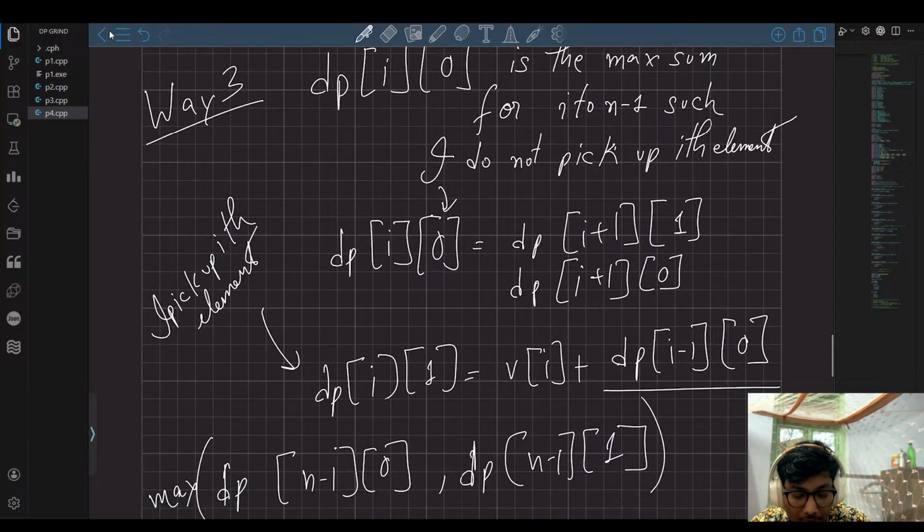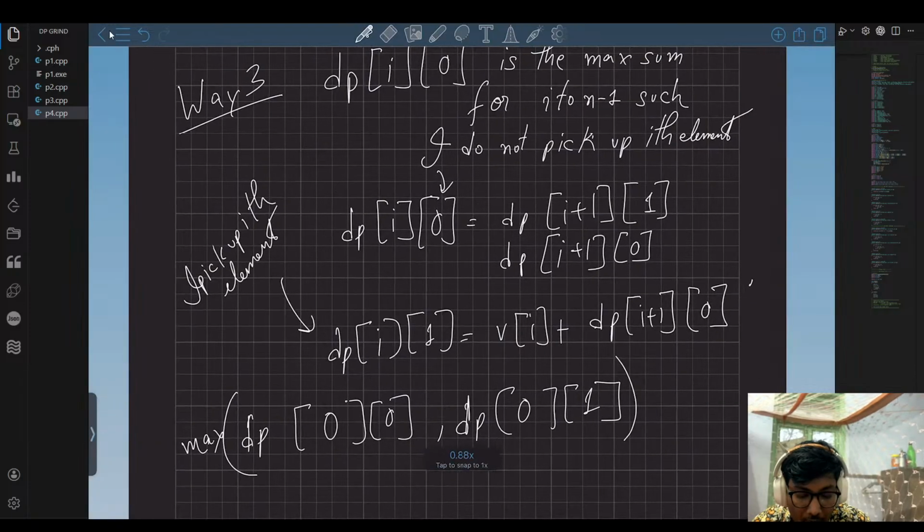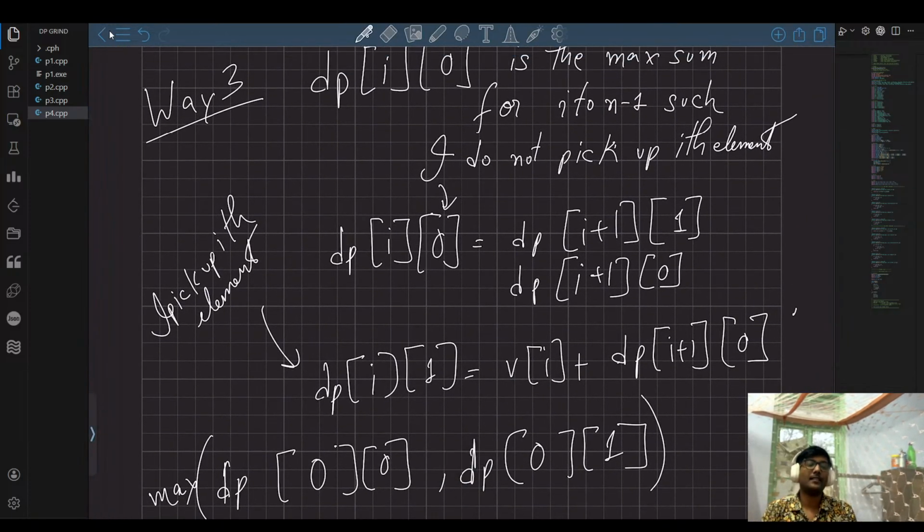And for picked up, I plus 1 will not have choice. And in the end, I will say that dp of 0, 0, that's my final 0th element, I can decide to pick or not. It's I to n minus 1, so my final answer is 0 to n minus 1, provided I may pick up the 0th element or not. So this will be way 4.